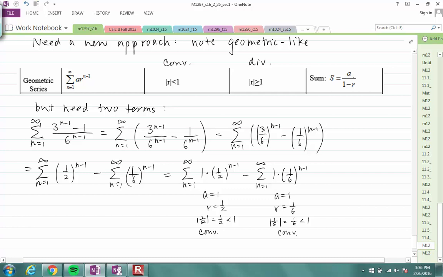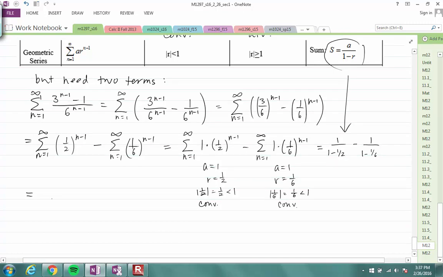Which means we can write them as a sum here, using this little formula. Writing them down with the a, we get 1 over (1 minus 1/2), minus 1 over (1 minus 1/6).